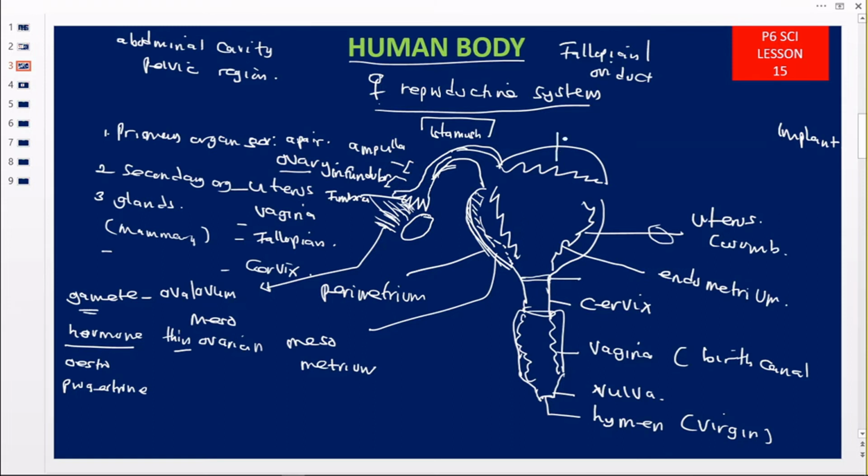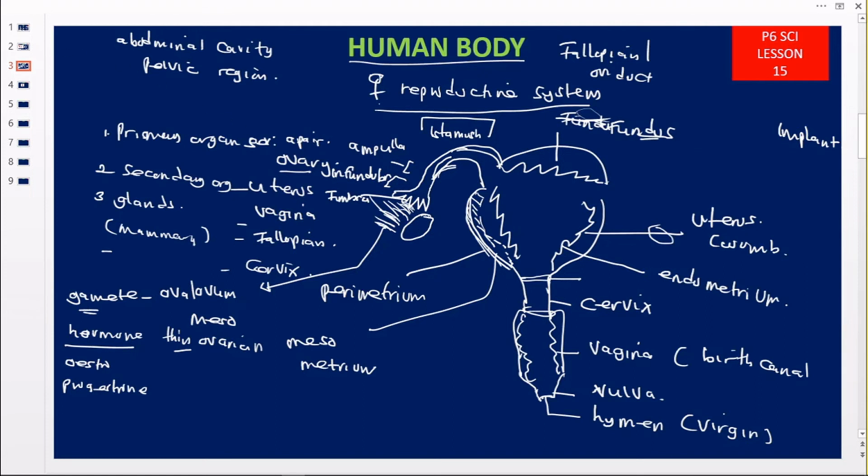Then this upper part of the uterus is called the fundus. This is the upper swollen part. It is an extension to the second ovary, because there are 2, they are in a pair.